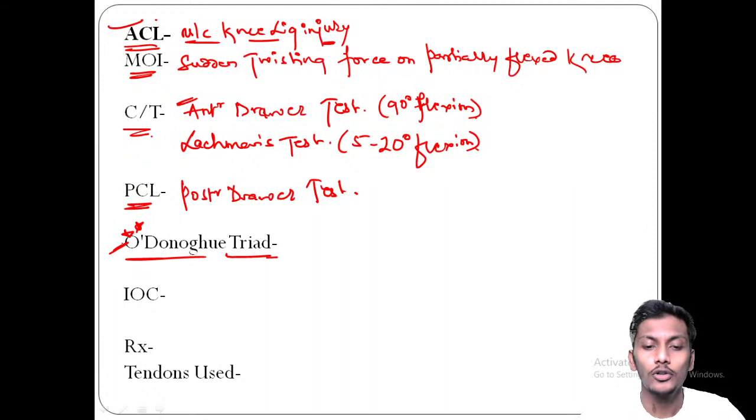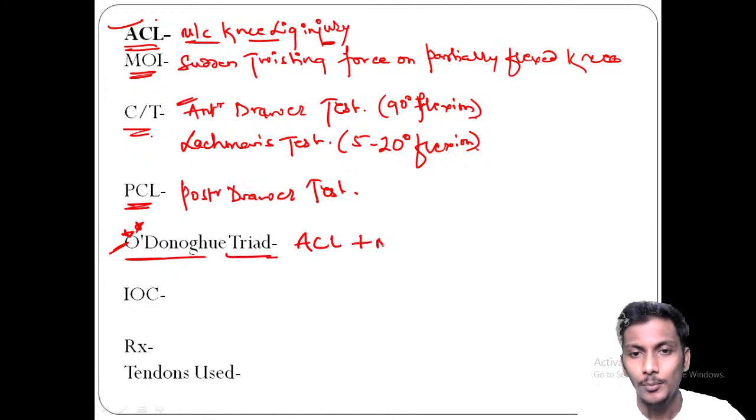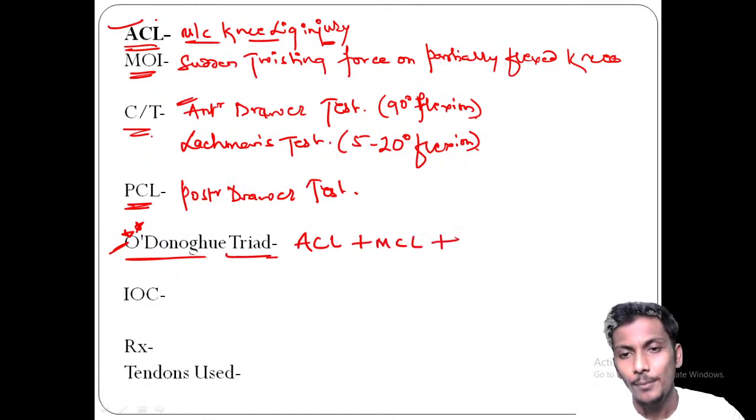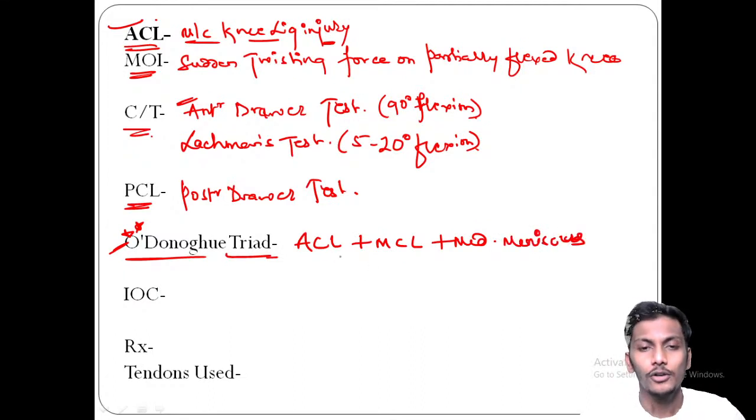Please remember, O'Donoghue triad is injury to the anterior cruciate ligament (ACL), the medial collateral ligament (MCL), and the medial meniscus. This is a triad of soft tissue injuries in the knee.